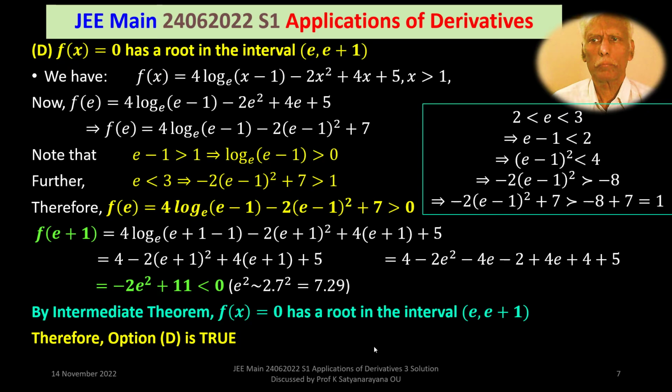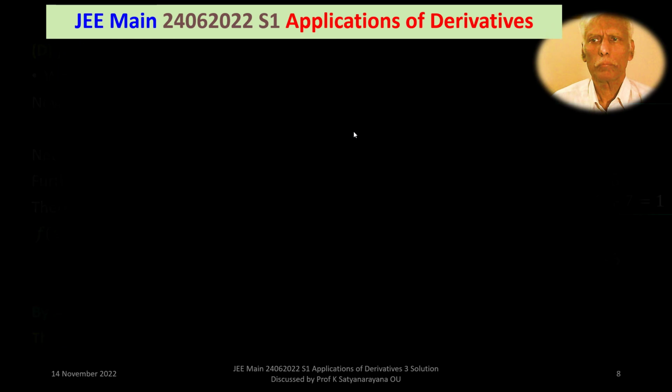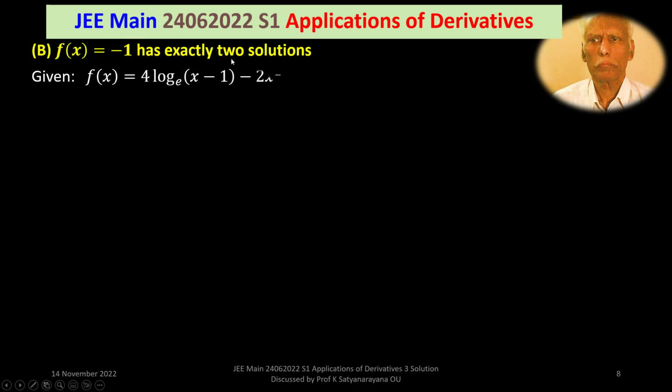Let's go for the next option. That is option B: f of x is equal to minus 1 has exactly two solutions. We have f of x and f of x is continuous. And now f of x tends to minus infinity as x tends to infinity. As x tends to infinity, log of x minus 1 tends to minus infinity. So f of x on the whole tends to minus infinity.